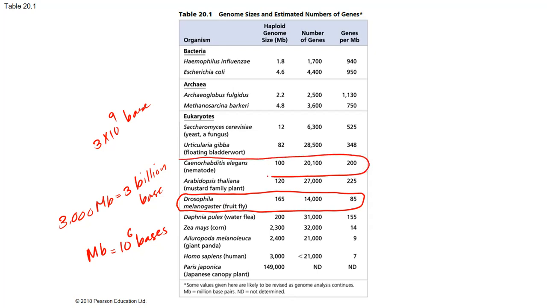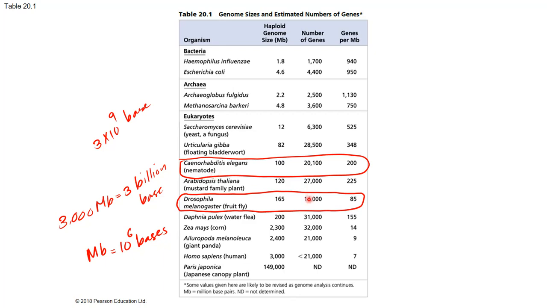So as you can see, the genome of Drosophila is larger, but it contains fewer genes. Here we have 165 megabase, and here 100 megabase, but a lower number of genes. And Drosophila is a more complex organism than C. elegans.